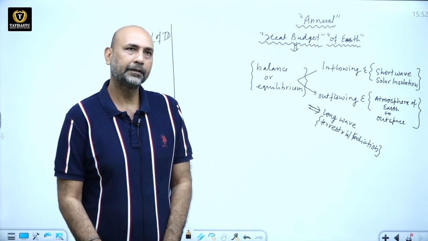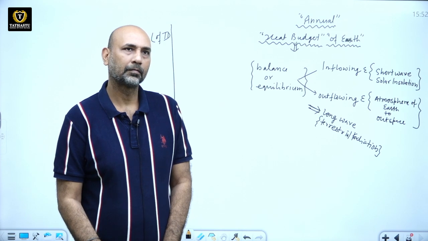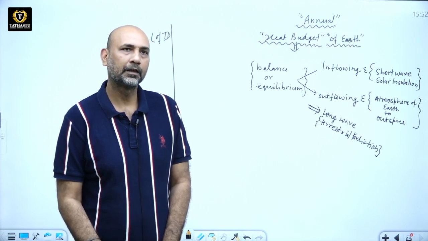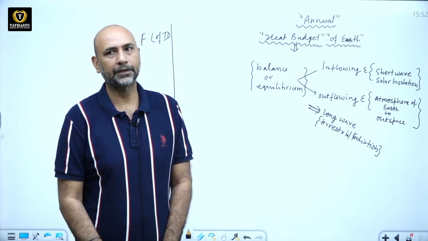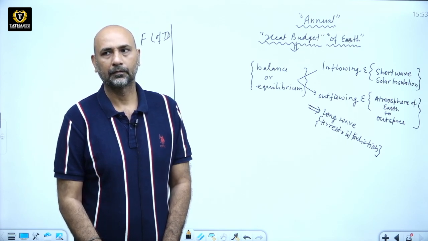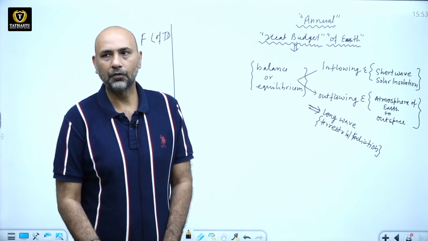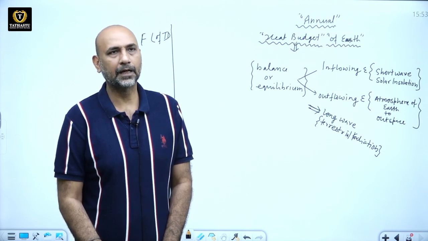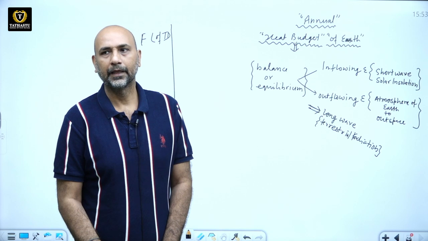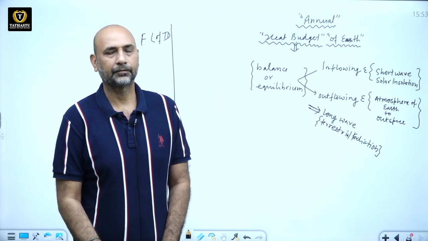I am repeating, annual balance, annual equilibrium between inflowing short wave solar insolation and outflowing long wave terrestrial radiation is described as annual heat budget of Earth.